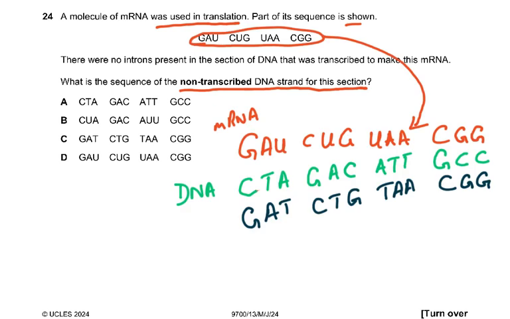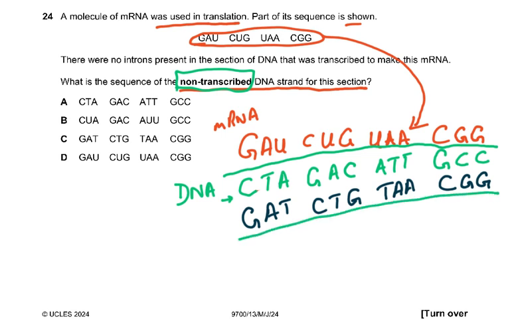So I would do it like this: I'd write the mRNA, then I'd write the DNA. But this was the one which was transcribed. We are talking of the non-transcribed, so it means the other DNA strand. This is one DNA double helix. They were asking for the non-transcribed one, the one which has not been transcribed into the mRNA. Because DNA has two strands, one is transcribed, one is non-transcribed. So that is why the answer is C.